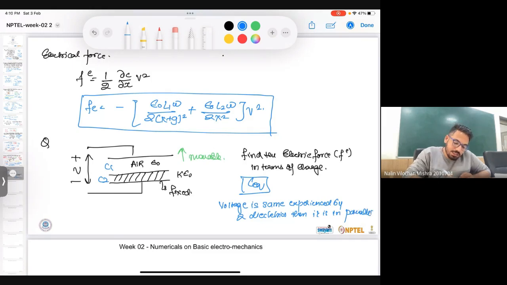But in this, see, this point, the air experiences, let us assume, potential V1, and we know that there must be some drop here.